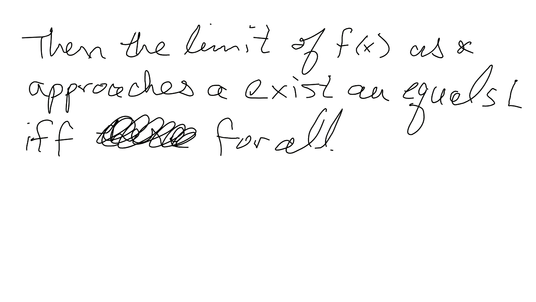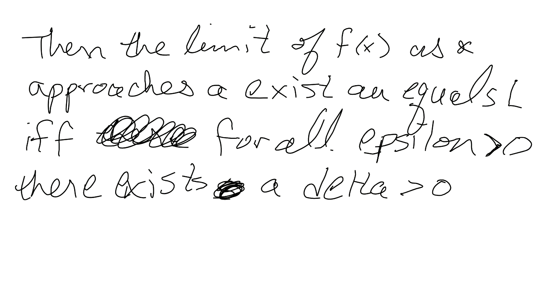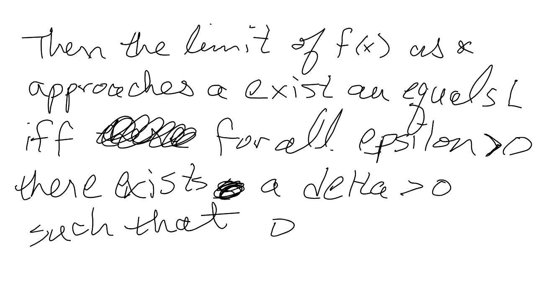epsilon greater than 0, there exists a delta greater than 0 such that 0 is less than the absolute value of x minus a is less than delta.